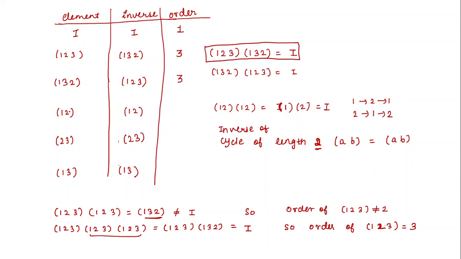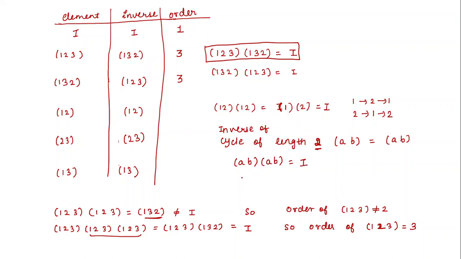Now what about these 3 permutations? I told you that the inverse of a cycle of length 2 is itself. Any cycle of length 2 is its own inverse, and therefore they are self-invertible. That is, if you operate a cycle of length 2 with itself, you get the identity permutation.